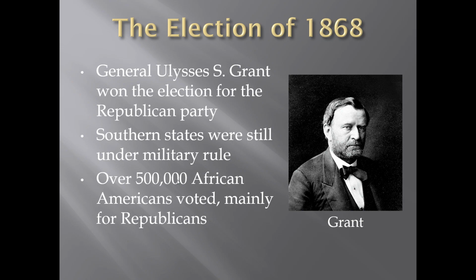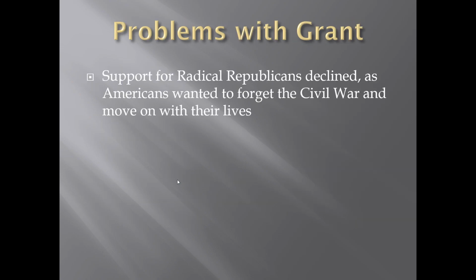So this is going to be the first election where you're going to have a lot of African American voting because the military is down there to make sure and enforce all the voting rules. Over 500,000 African Americans are going to vote. Most of them are going to vote mainly for the Republicans because Lincoln was of the Republican Party. So Grant is going to win this election pretty easily.